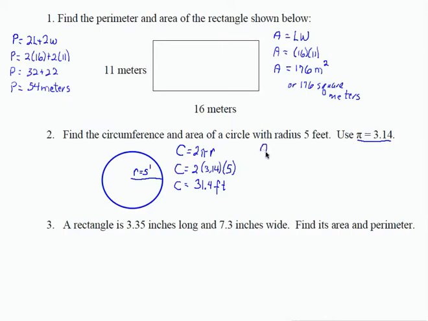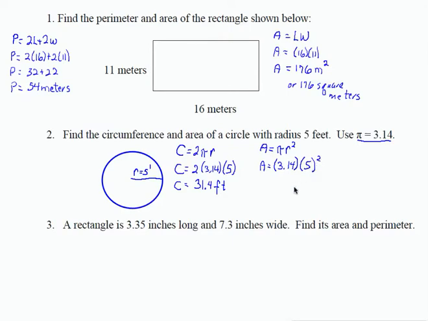If I want to find the area of a circle, the formula is area equals pi times the radius squared. So for this circle, again, I'm going to use 3.14 for pi. My radius is 5. So that's going to be 5 squared.